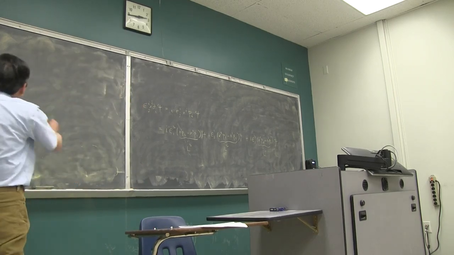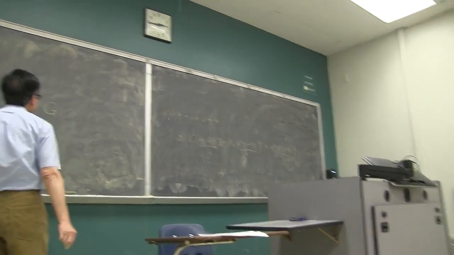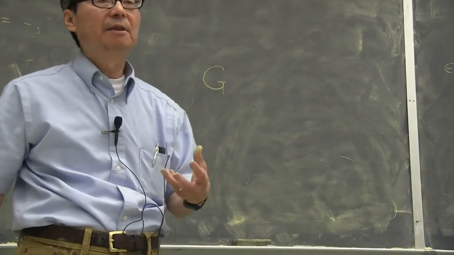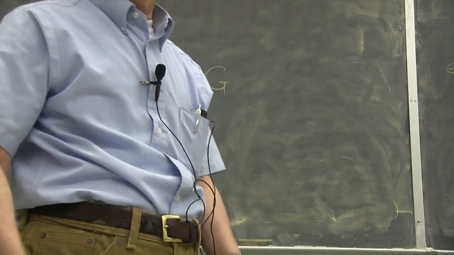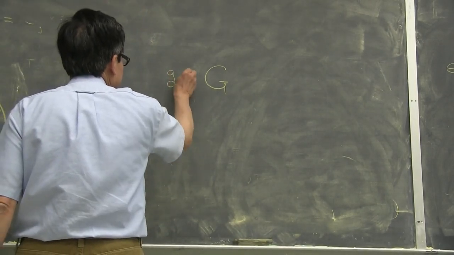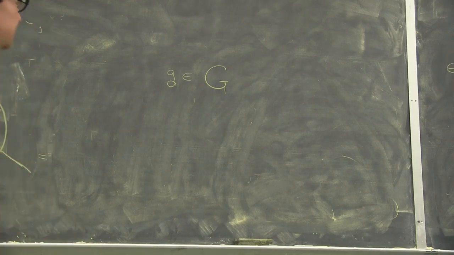So a group G, let's say a group G, okay, is a set of elements, one typical one of which we usually write as little g. So little g is an element in this group G.